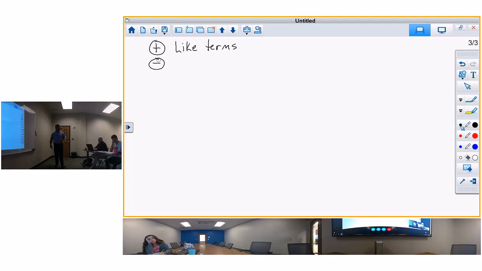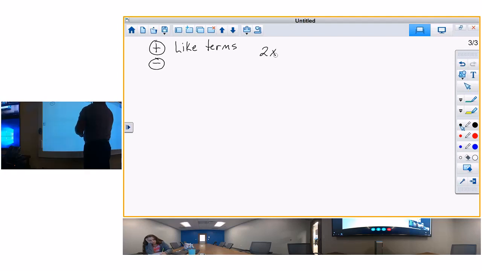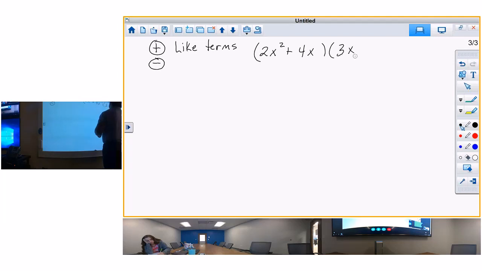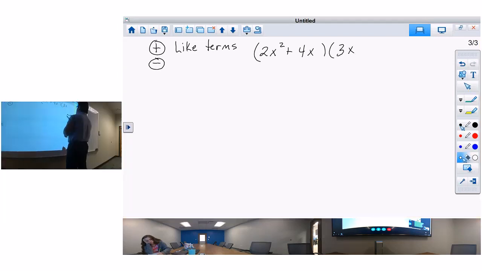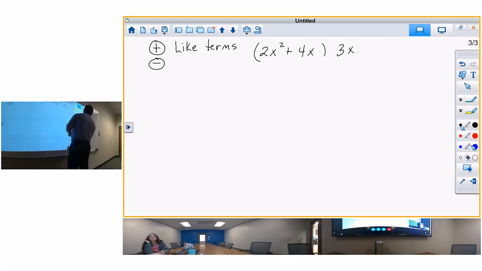If you have two binomials, 2x squared plus 4x, plus 3x squared minus 2x.